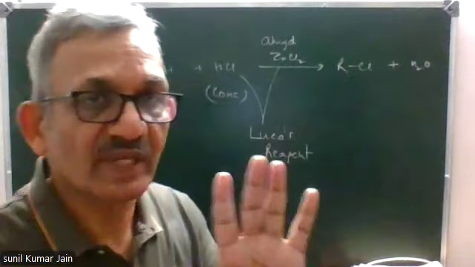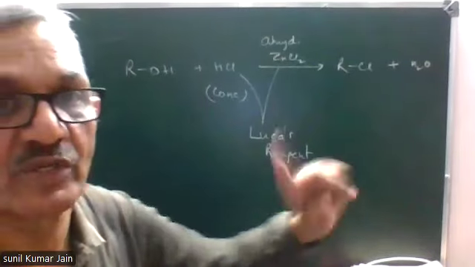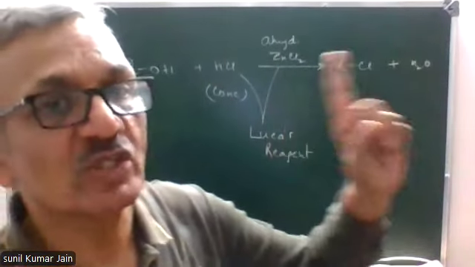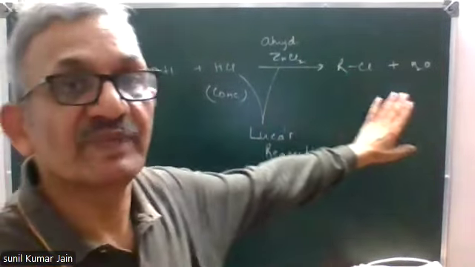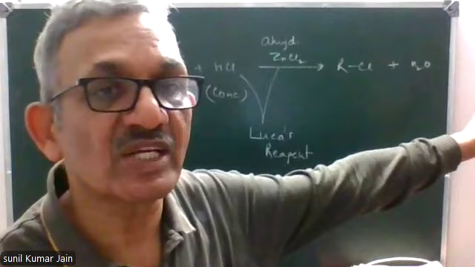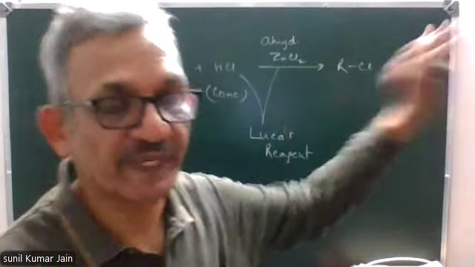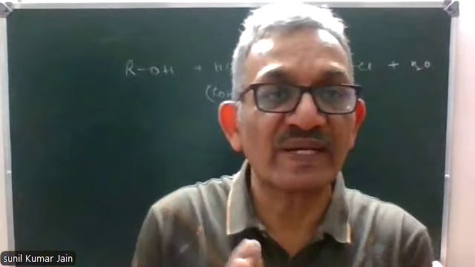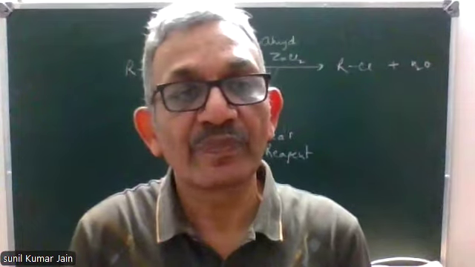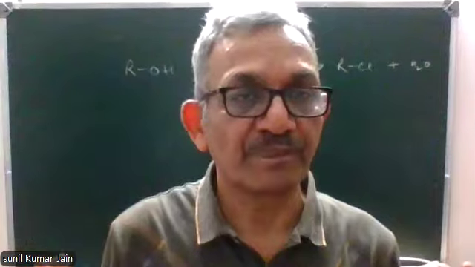Don't write anything, just understand. So when alcohol is reacted with Lucas reagent, what is Lucas reagent? Concentrated solution of HCl and anhydrous zinc chloride. Product will be same as we obtain in case of Groove's method. Chloroalkane is obtained. Now, if you think of physical properties of alkyl halides, there I told you alkyl halides are insoluble in water.